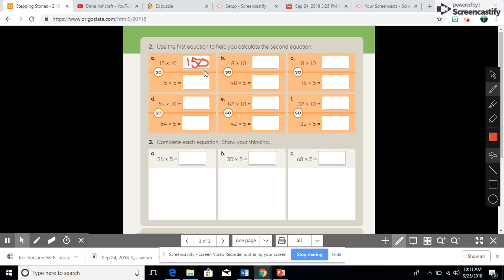Remember, when we're halving a number, if we can't mentally halve it in our heads, which happens a lot with the odd numbers, you can say, I know that half of 100 is 50, and half of 50 is 25, and then add those together, and we get 75.